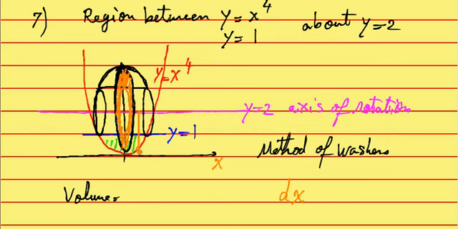This is 2. This is x to the power of 4. So the outer radius is 2 minus x to the power of 4. From here to here is 2 minus x to the power of 4.